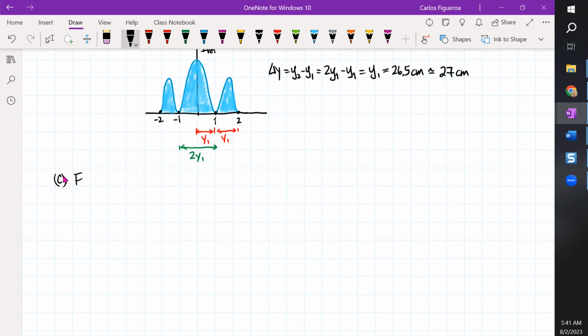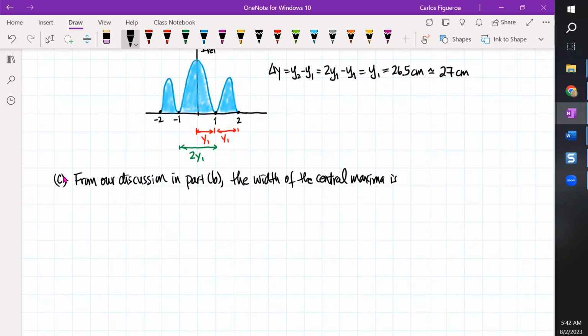From our discussion in part B, the width of the central maxima is delta y central, which will be 2y1.